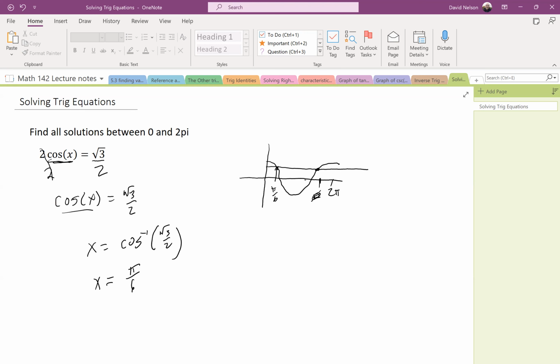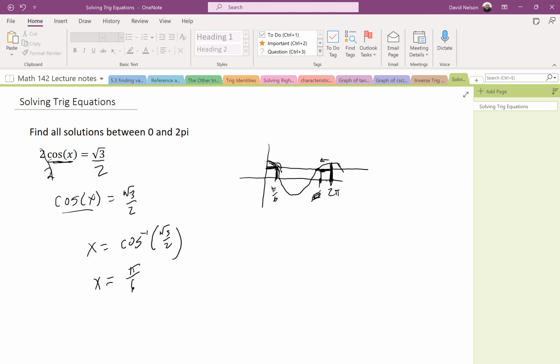We can think about the symmetry, because the cosine curve is nice and symmetric. I know that the distance from the x-axis to this first intersection is pi over 6. And that's going to be the exact same distance going the other direction from the other side of the curve over here at 2 pi.